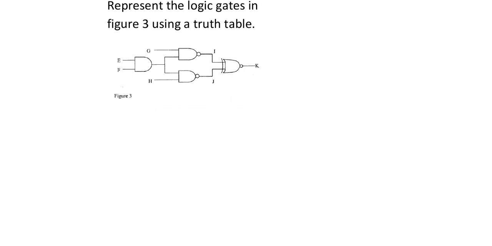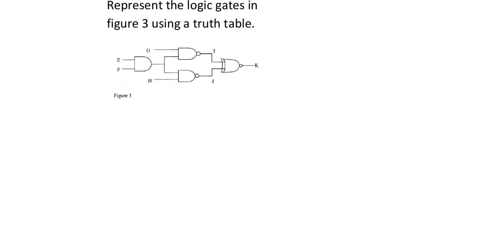So when we redraw our diagram, it will look like this. The first gate is an AND gate, so we shall redraw it. This is E and this is F, so we have an AND gate there.